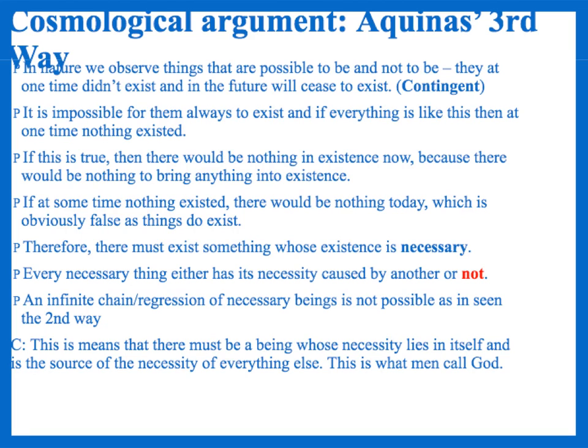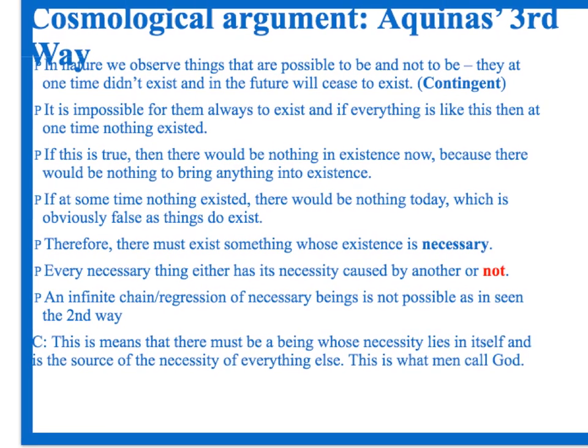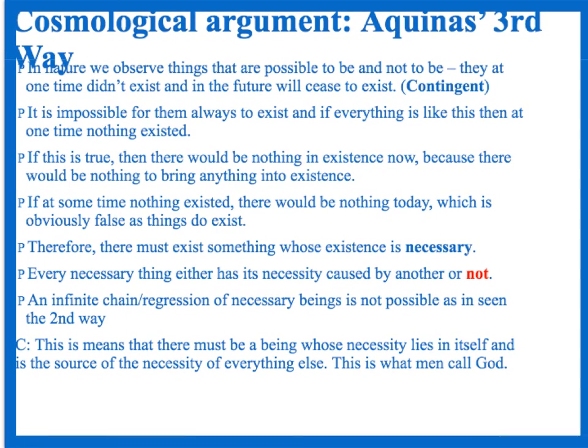It has to exist. Now, he says there's an option. Either this necessary thing has its necessity caused by another necessary being, or it doesn't. It's its own cause of its own necessity. Now, Aquinas is going to opt for the latter, the not.